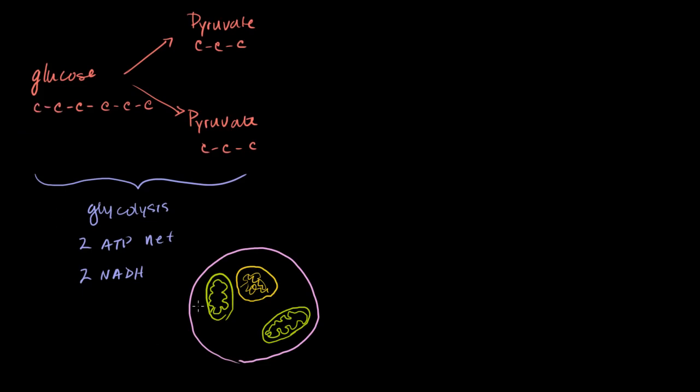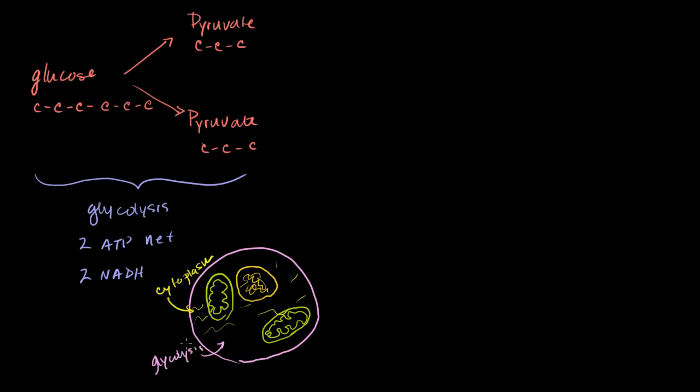So between all of the organelles, you have just this fluid of the cell, and that's called the cytoplasm. And that's where glycolysis occurs. So glycolysis occurs in the cytoplasm.